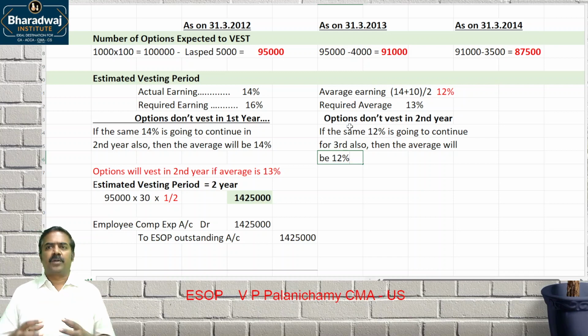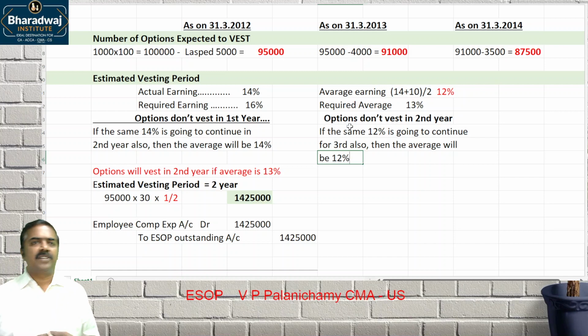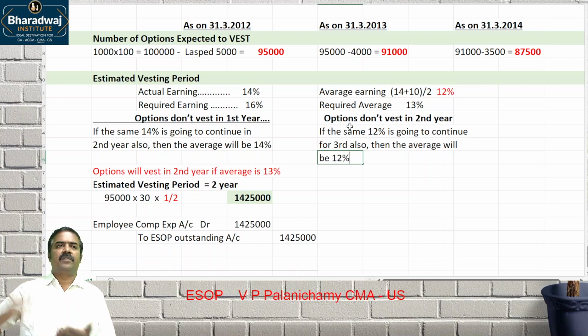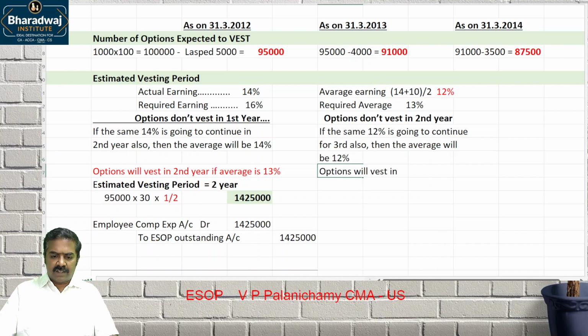For the last 2 years, what is my average? 12%. If the same average rate of earning continues in the next year, the average will be 12%. Options will vest in which year? Third year.